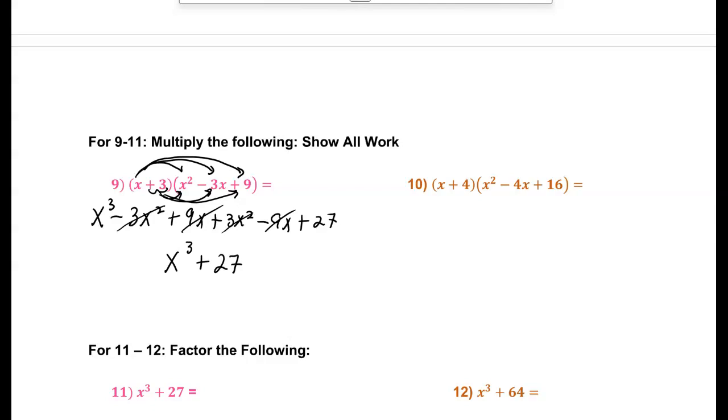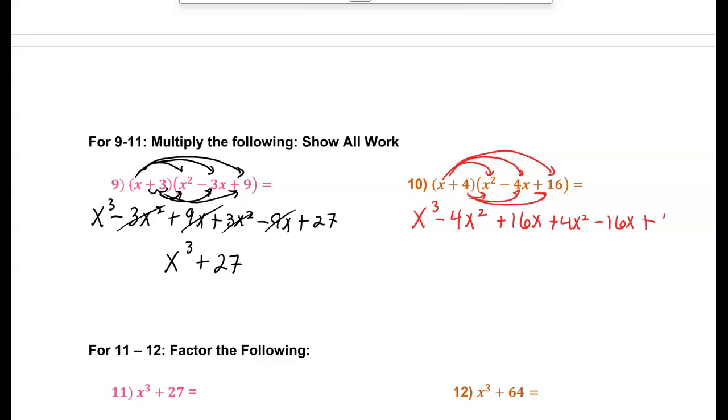Now, using the same type of idea here, I got the quantity x plus 4 times quantity x squared minus 4x plus 16. Doing the same rule, because this is the reason why we are doing this lesson after what we did yesterday. We get x cubed, because I'm distributing the x first, minus 4x squared plus 16x, and then I distribute the 4 to all 3 terms, and we get plus 4x squared minus 16x plus, I want to make sure your math is right.